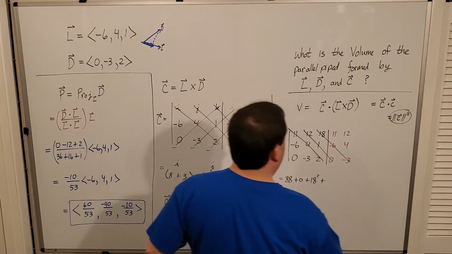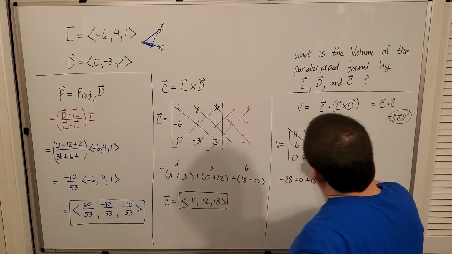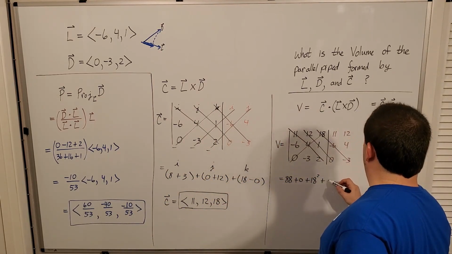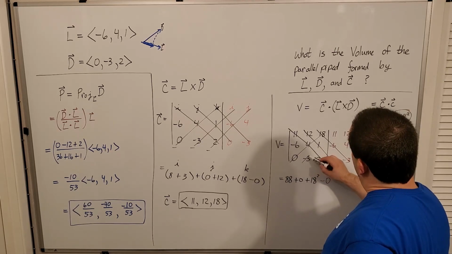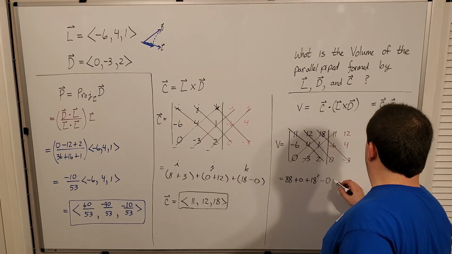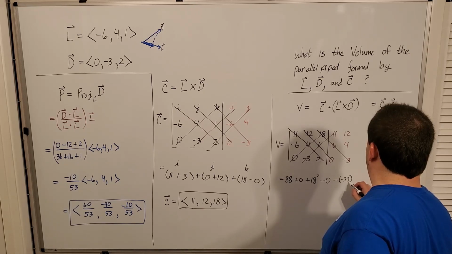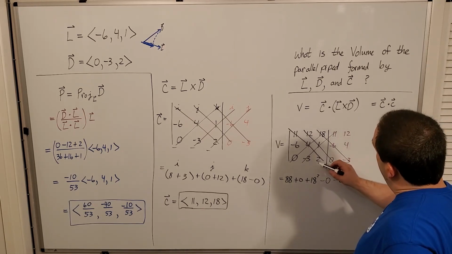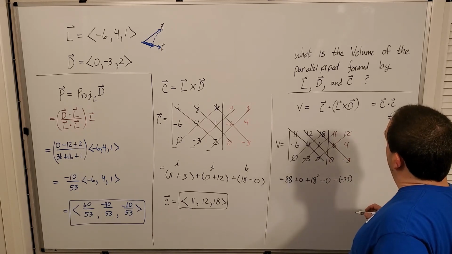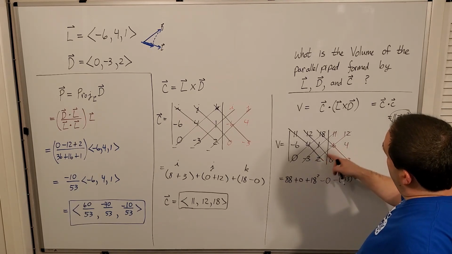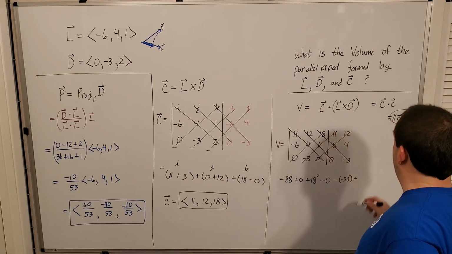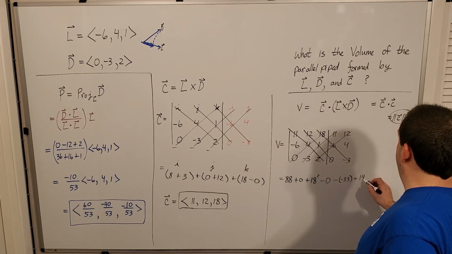It's 18 squared, minus 0, minus negative 33, and then right here minus, which is going to end up being plus, in this case 12 squared, so 144.